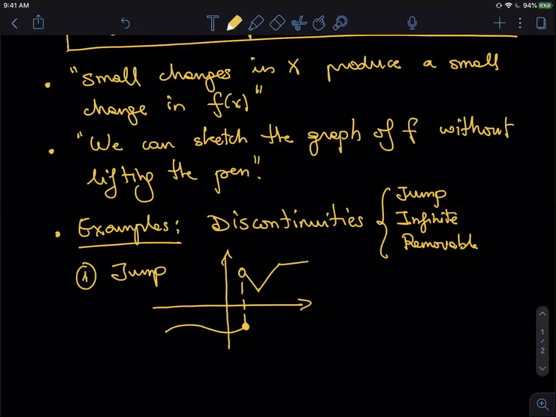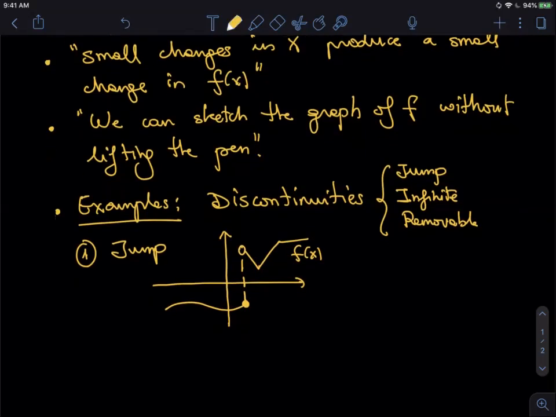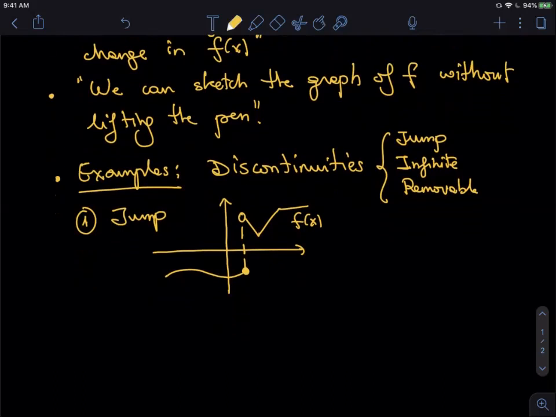So this is our f of x, and we can see that here the value of the function suddenly jumps, appears somewhere else and continues. So this one is a jump discontinuity. Here the limit as x tends to a of f of x does not exist.